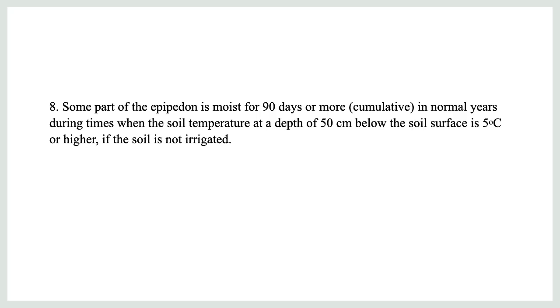Okay, this criterion is just to show you that of course you are more related to dry conditions, but you need to register at least some moist conditions, some water in the soil. Okay, so at least 90 days per year you need to register moist conditions. At least the soil should register some water, liquid water.